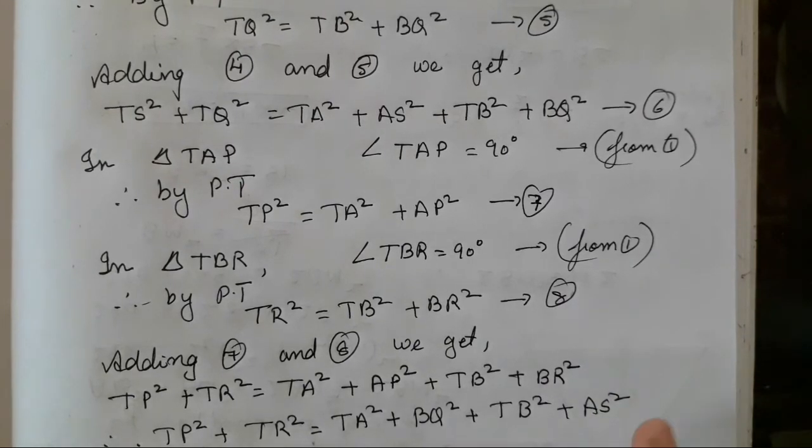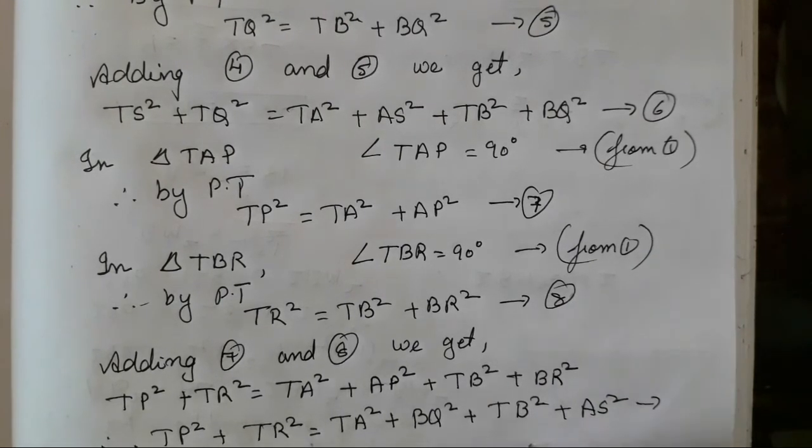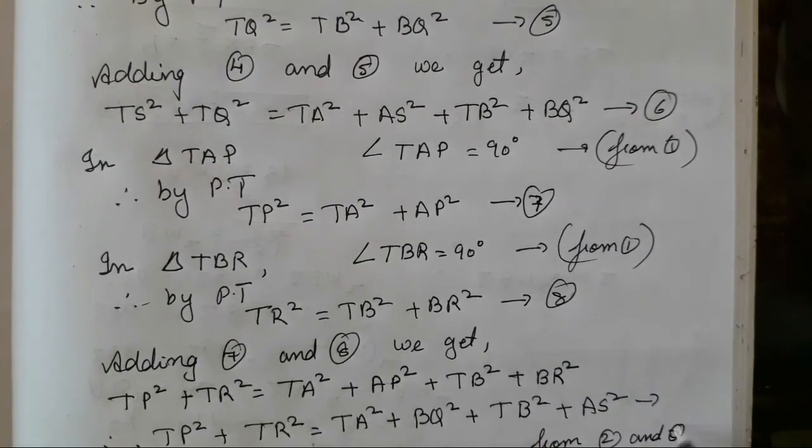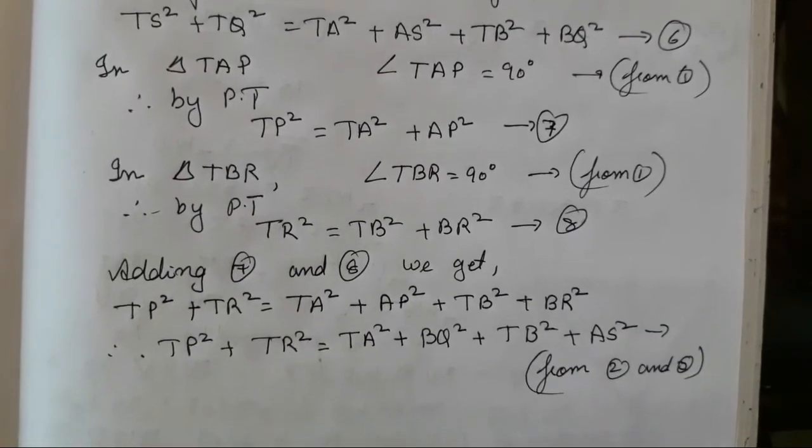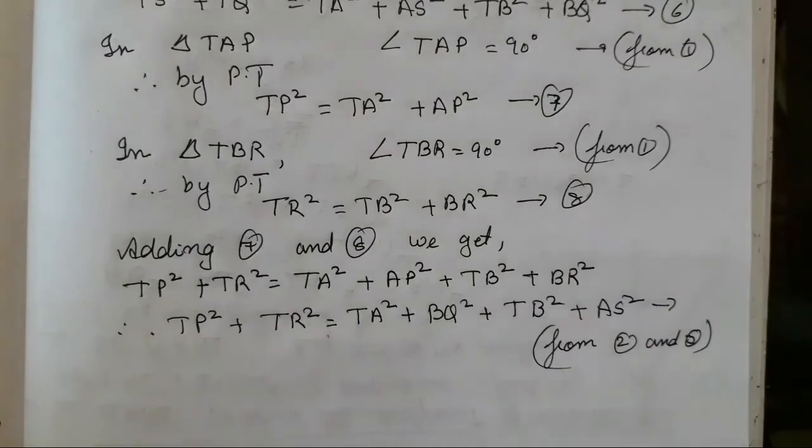Just keep on adding them serial-wise, number-wise. Don't change the sequence. Now we will write it first from 2 and 3. Check out points 2 and 3. We have just mixed them.